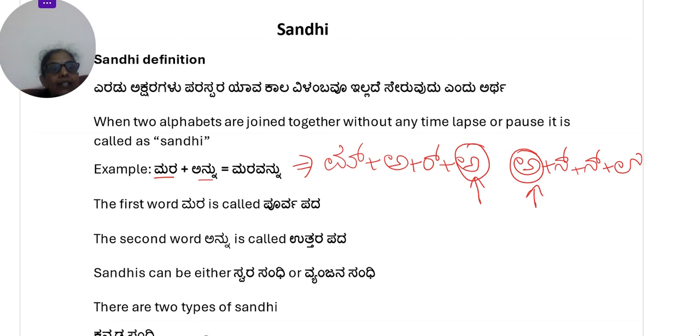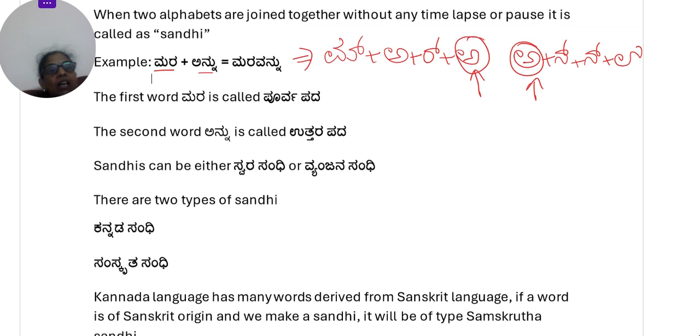That will be called Vyanjana Sandhi. The last alphabet of the first word can end with a Vyanjana and the first alphabet of the second word will be a Vyanjana. Then you will get Vyanjana Sandhi. So these are the two types. You can have a Swara or a Vyanjana Sandhi.